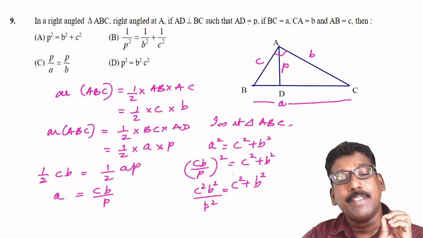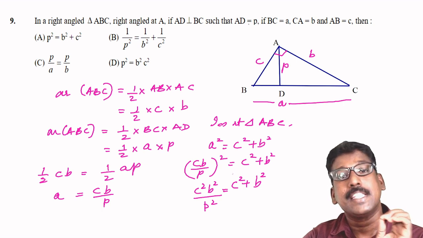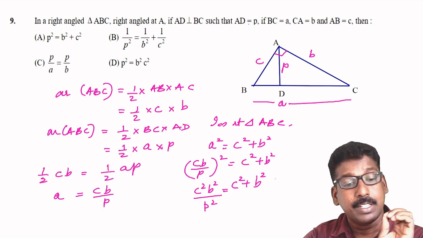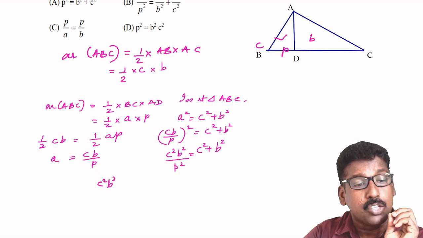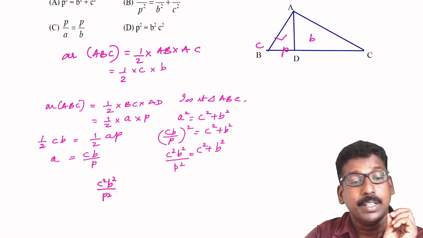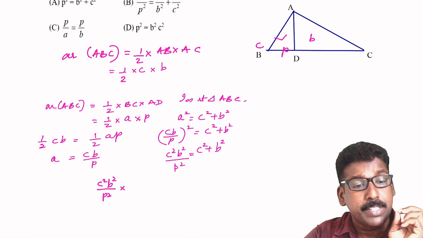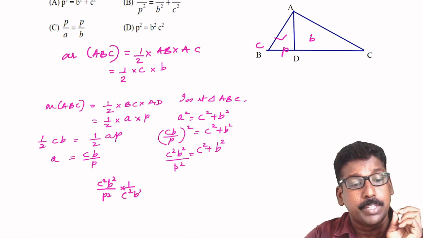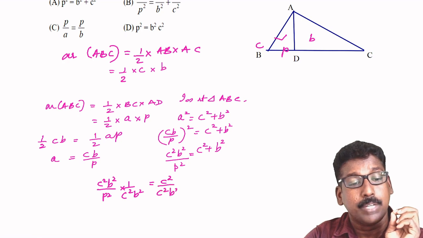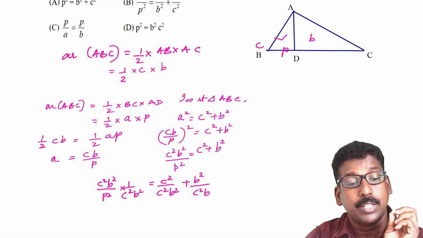Now, let me divide all terms by C square B square. What will you get? C square B square by P square divided by C square B square means into 1 by C square B square is equal to C square by C square B square plus B square by C square B square.